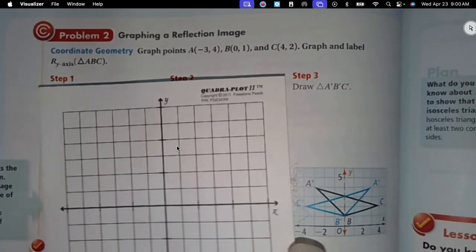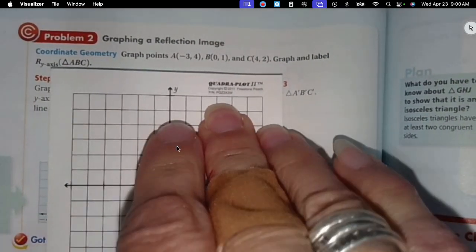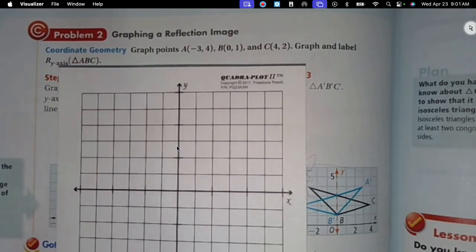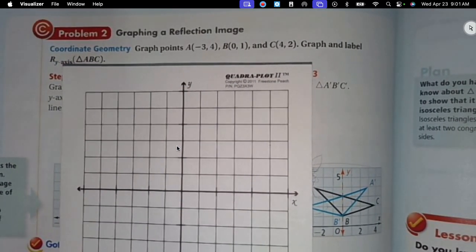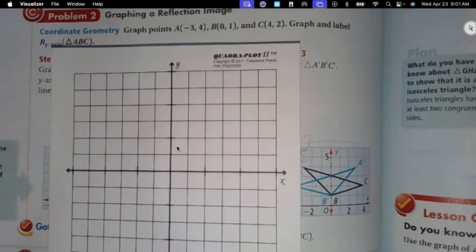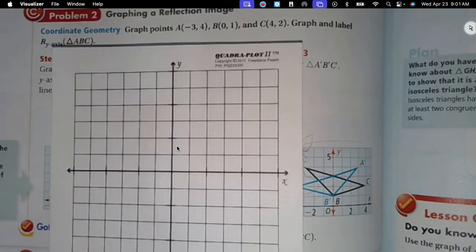This one is not just a point. This one says, graph these 3 points. 3 points is going to make a triangle. And then it says, reflect it across the y-axis. Oh, good, because that one's easy. So first thing I'm going to do is plot those points and draw my picture.